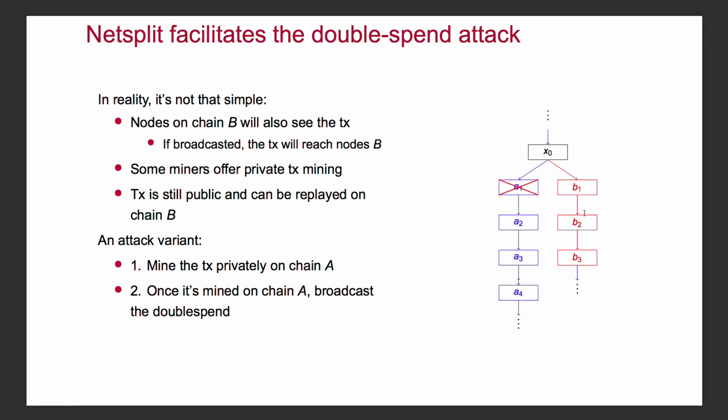The double spend is going to spend the same coins that the transaction on the A chain spent, and then we can't really replay the transaction from the A chain because the coins have been already spent. So the point here is that net split is not only a denial of service condition. If someone manages to perform a net split on the cryptocurrency network, he can steal coins.